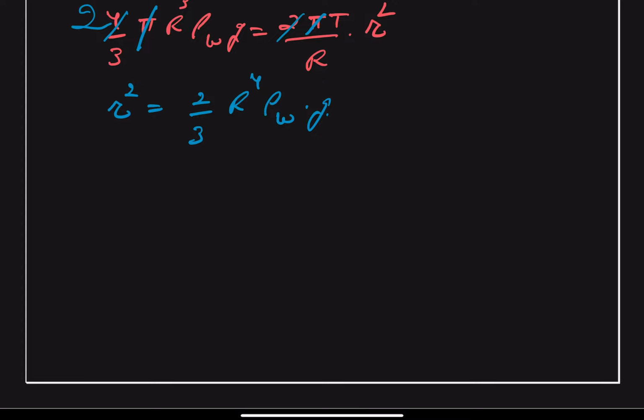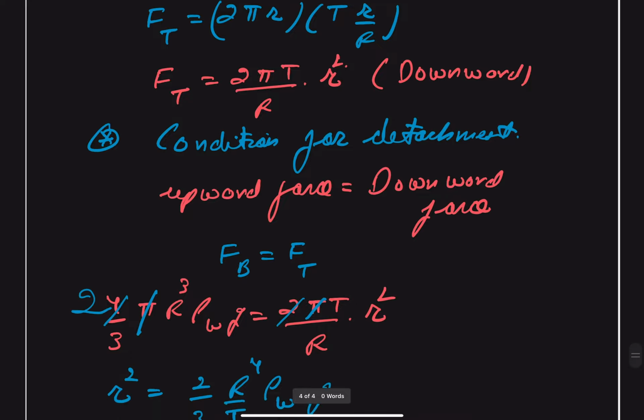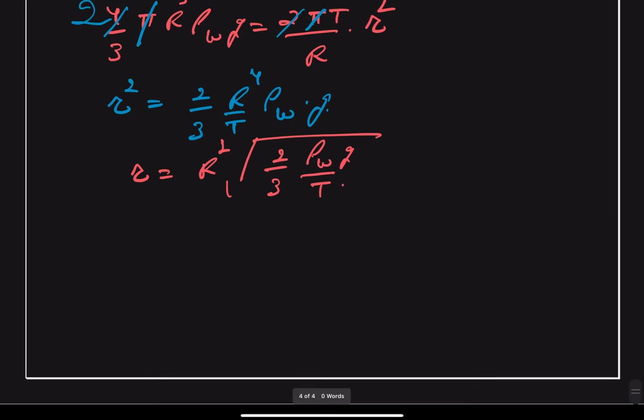So now it is quite simple. We can write that our R will be equal to, this comes R square, square root of, sorry, I forgot to mention T here, so this comes T. And this becomes 2 by 3, and R square, we have this as rho w g upon T. So this is the radius which we were asked for, the radius of the bubble just before detachment.